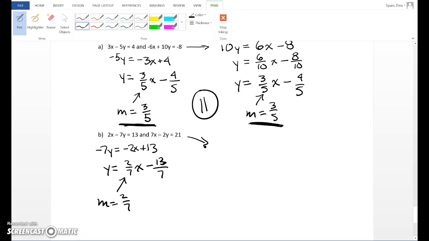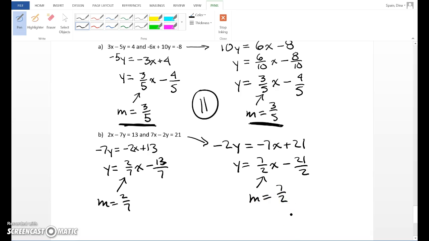Let's look at that second equation there. I'm solving for y. I'm trying to figure out what those slopes are. -2y, let's move the -7x over to the right with the 21. Now when I divide through by -2, we notice this slope is 7/2.